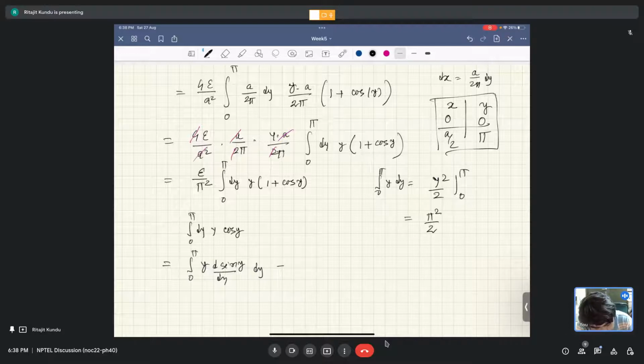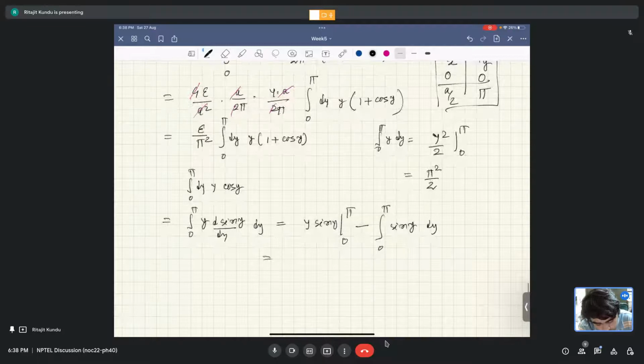Then you can just do integration by parts, and this becomes y sine y, put the limits 0 to pi, minus the integral of sine y dy, right? So yeah, this is it, I guess, and you put the limits here.